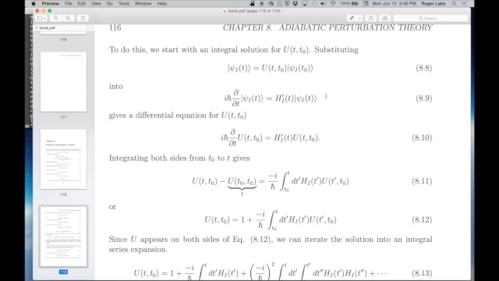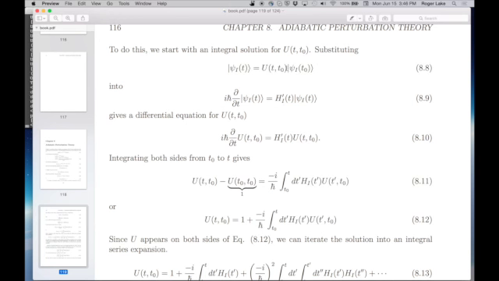And this is true even if H prime in the Schrodinger representation was time dependent. This is what we just talked about a little bit ago. So this is the equation of motion for the wave function in the interaction representation, and I indicates that this is H prime in the interaction representation.